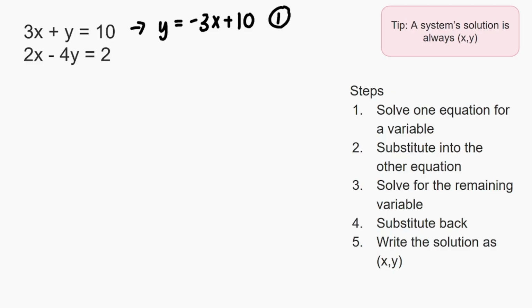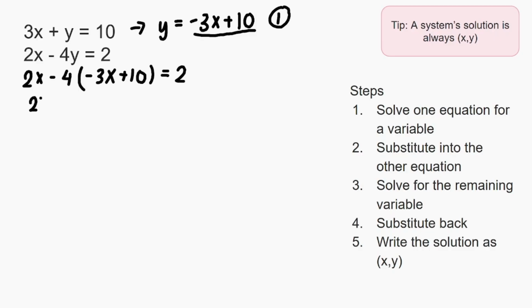Next, we're going to substitute y equals negative 3x plus 10 into our other equation. So let's write this out. 2x minus 4 times, and for y, we're going to substitute in this value. So negative 3x plus 10 is equal to 2. We're going to simplify this now.